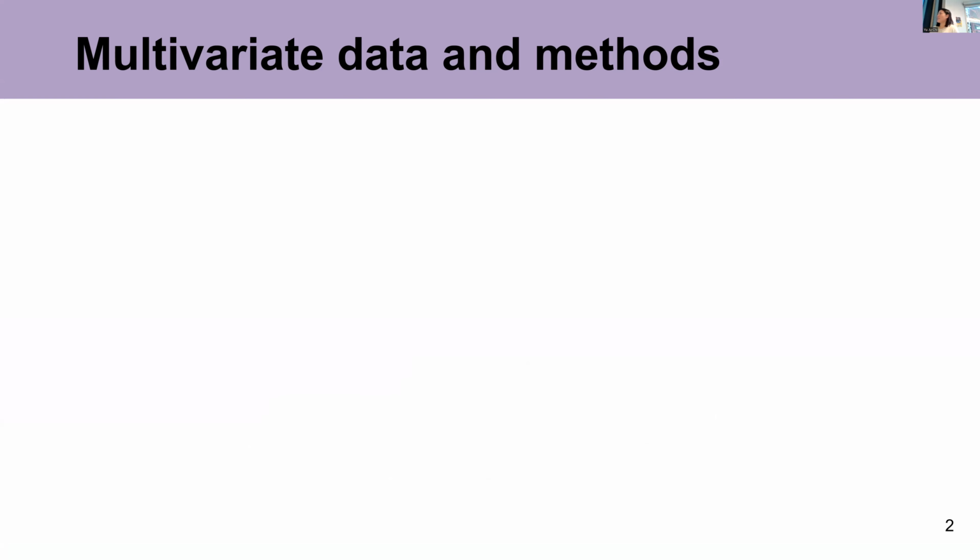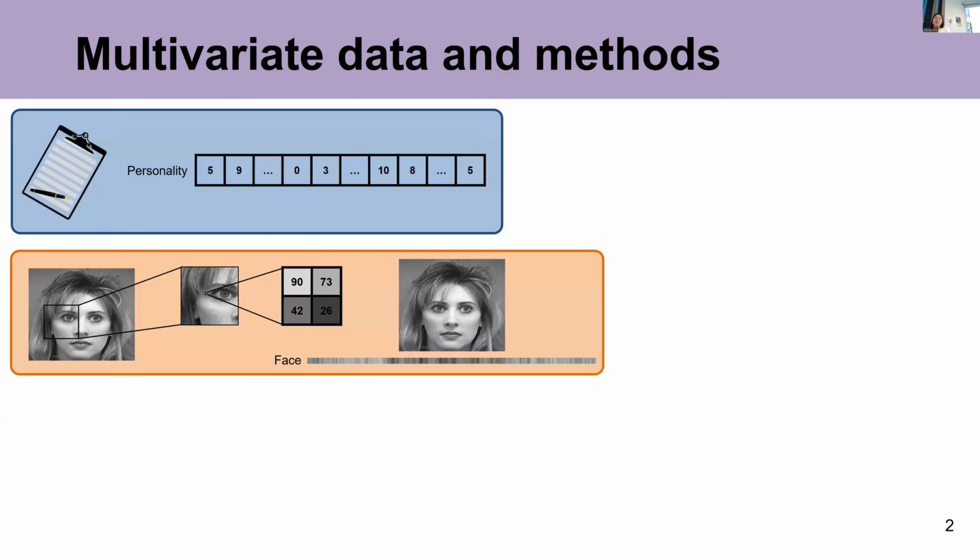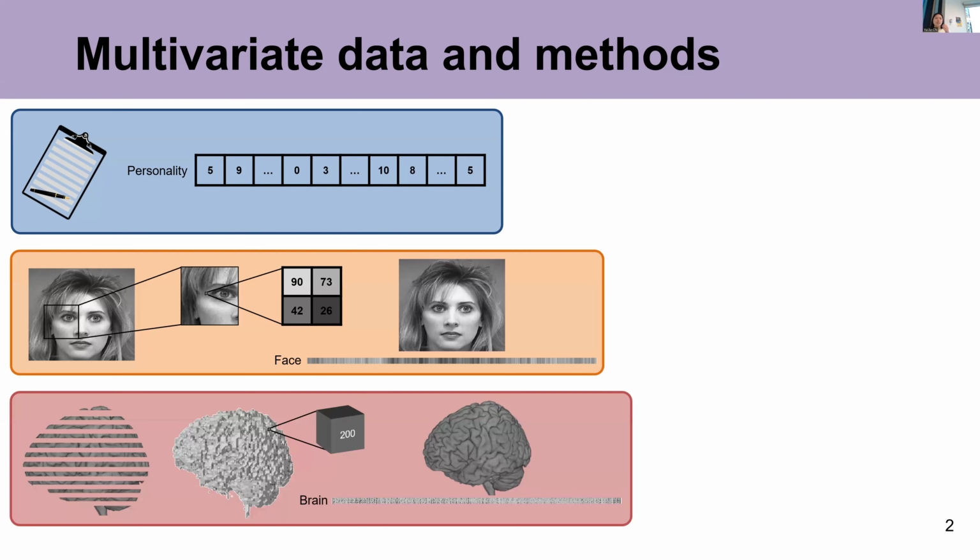Yeah, that's pretty accurate. So usually in our data, for example, if you have questionnaires, images, or even brain data, you work with multiple variables instead of one. And traditionally, we do a correlation between X and Y, but now when you have multiple of them, you have more things to consider, right?